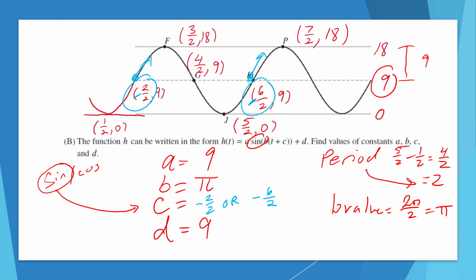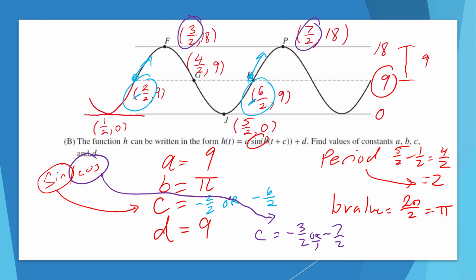Right, so either of those would be accepted. If it was hypothetically cosine, then C would be negative 3 over 2 or negative 7 over 2 as your two solutions, where it is the maximum point but negative. So that would be in the case that it is a cosine equation. Obviously, this one's sine, so we're going to use those values in our actual answer here.